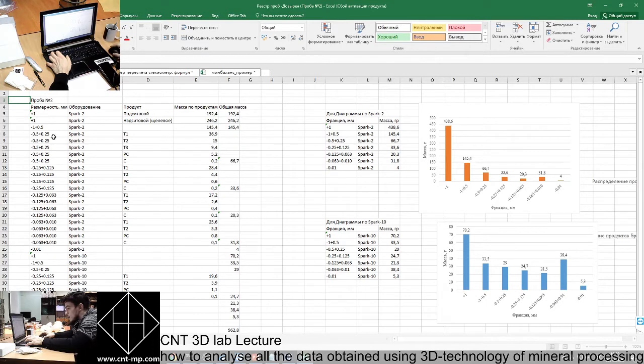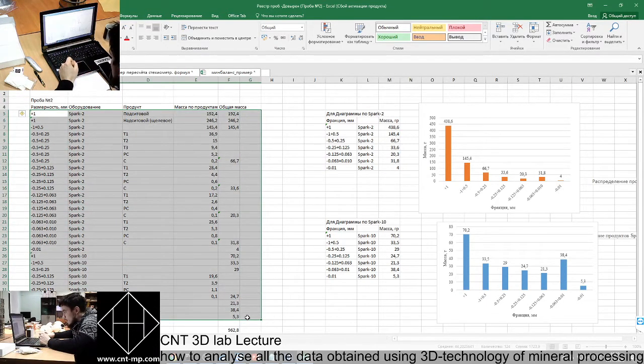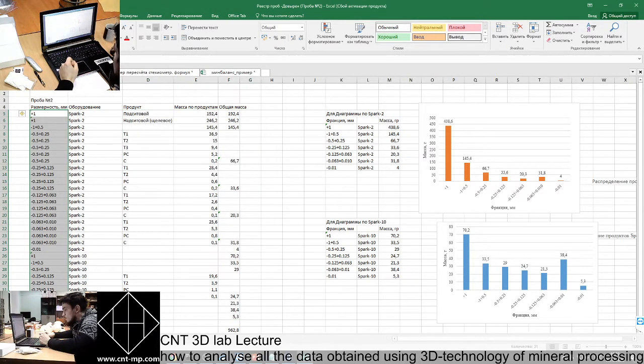So as you remember, the sample was only one, and we received 31 products to be analyzed.